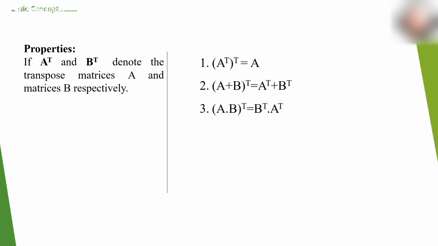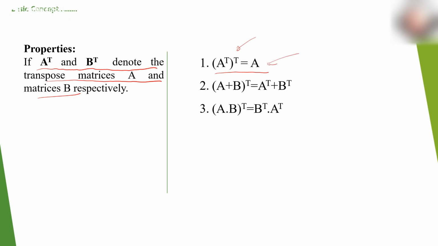There are some properties of the transpose. Suppose A transpose and B transpose denote the transpose of the matrices A and B. You have to remember, if we take the transpose of a transpose of a matrix A, we get the matrix A again.